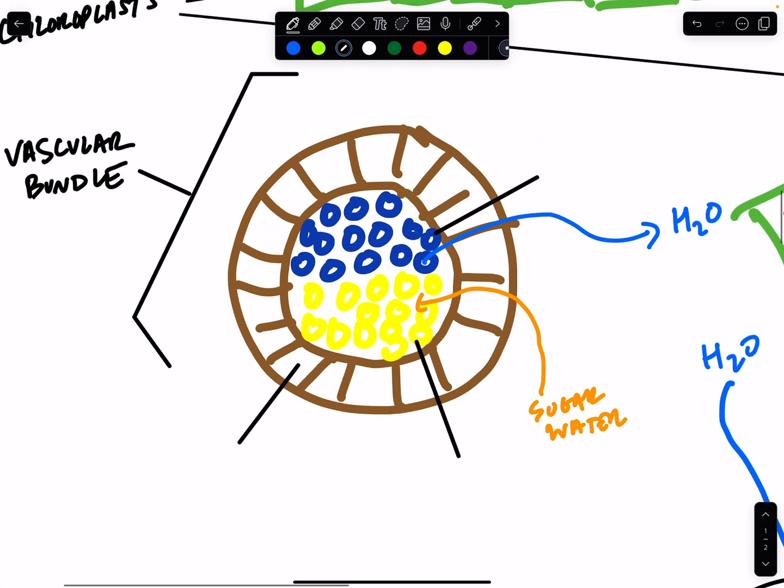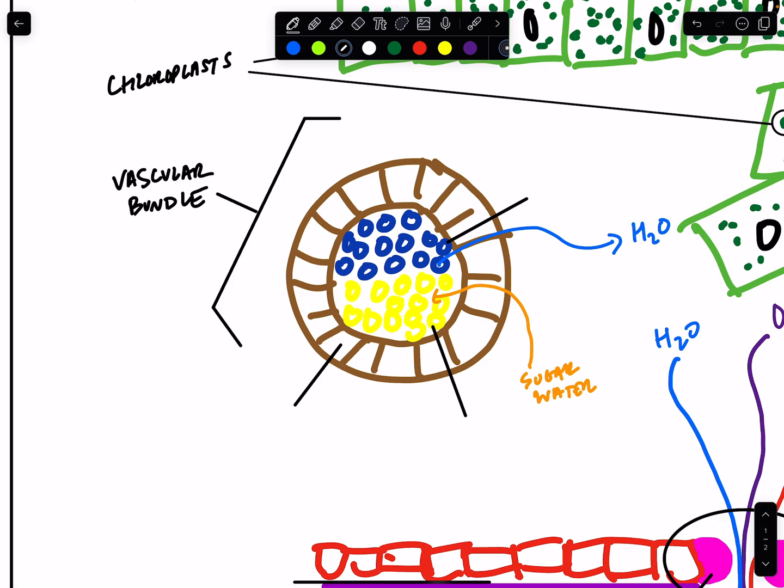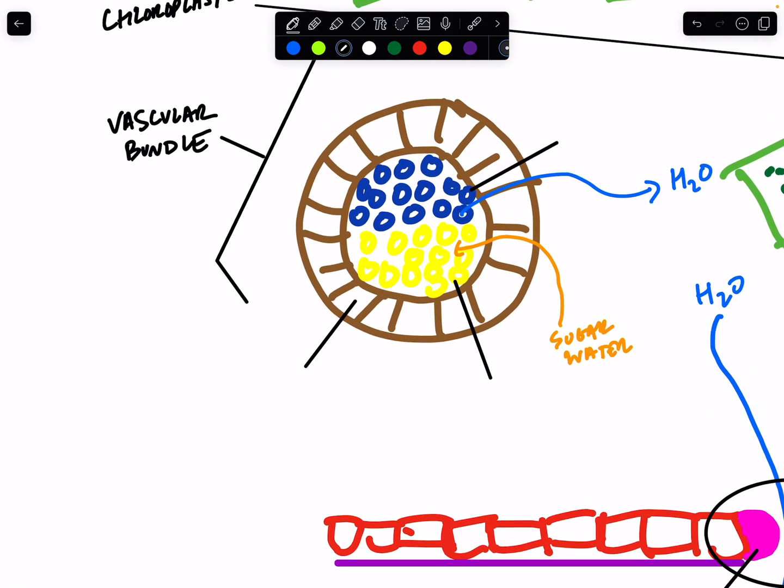The vascular bundle is the bundle that is holding all of the, I guess you can think of it kind of similar to our arteries and veins, but the arteries and veins of a plant.